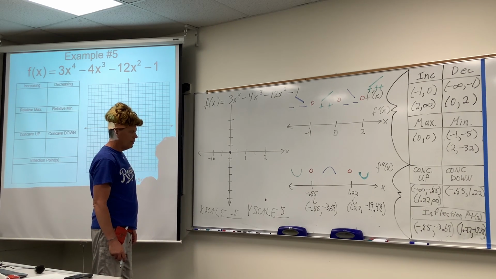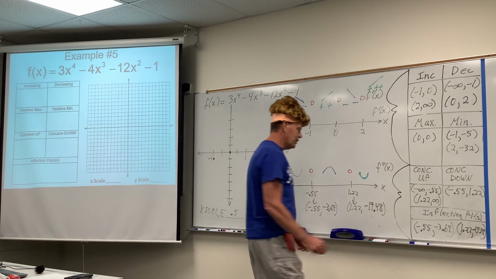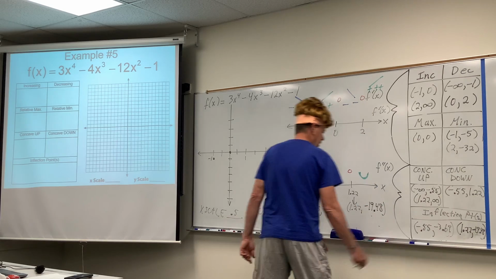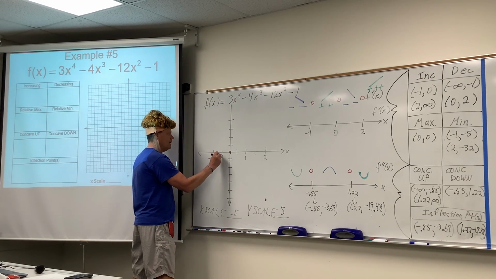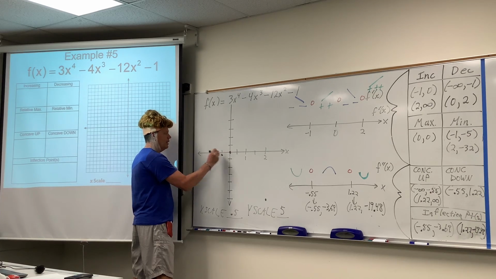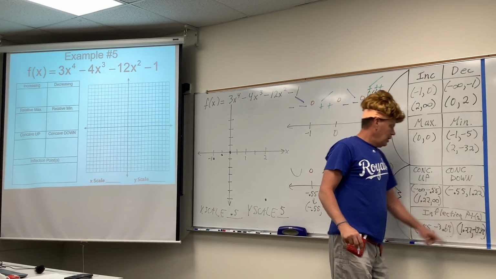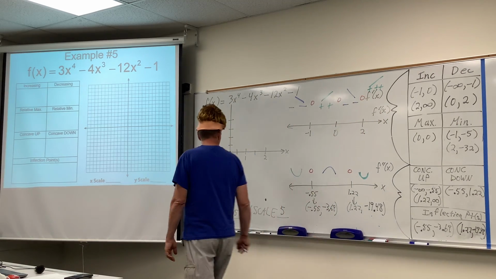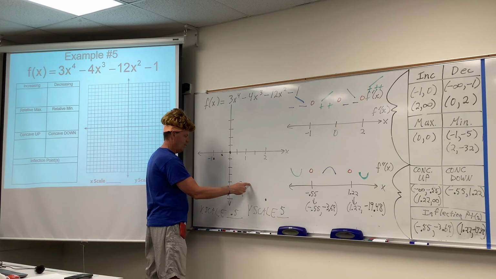And then we've got these inflection points, -0.5-ish, -3-ish, somewhere right in there. And then we've got 1.22, -20-ish.